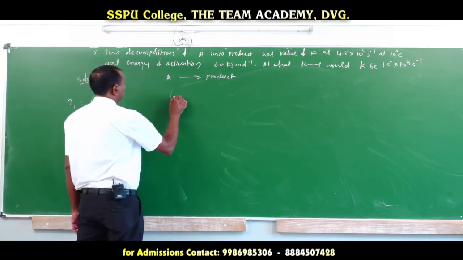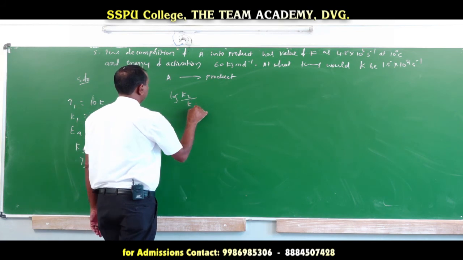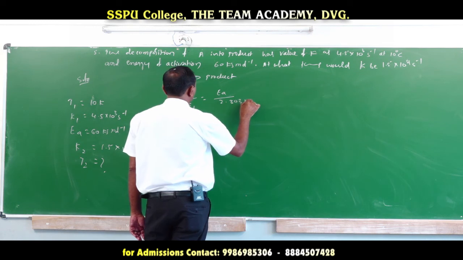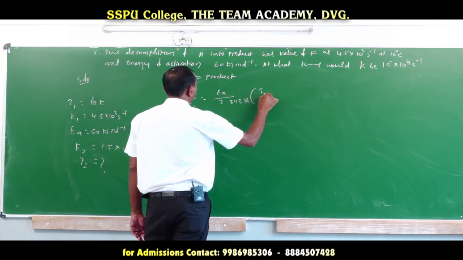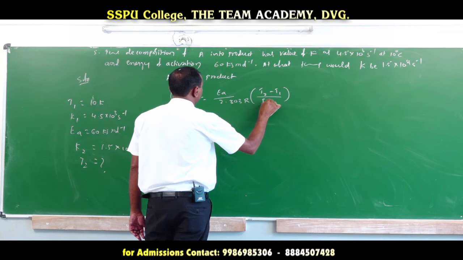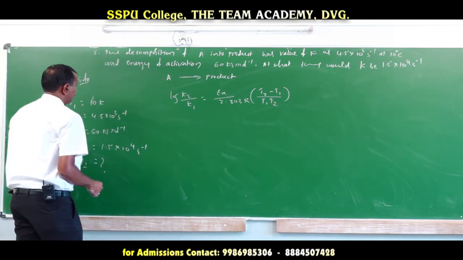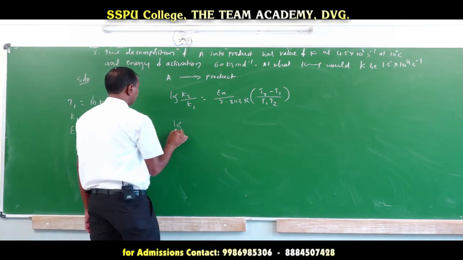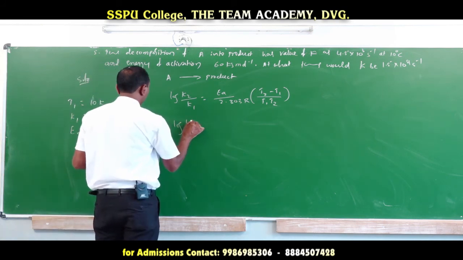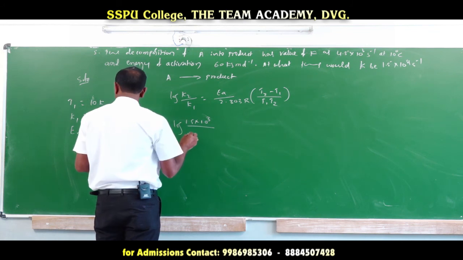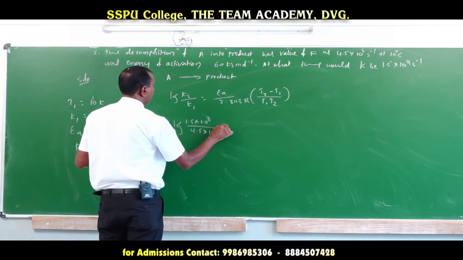So the formula is log of K2 by K1 equals A by 2.303 R into T2 minus T1 by T1 T2. Okay. So log K2. K2 value is 1.5 into 10 to the power of 4, nothing but 15 into 10 to the power of 3, by K1 value 4.5 into 10 to the power of 3.